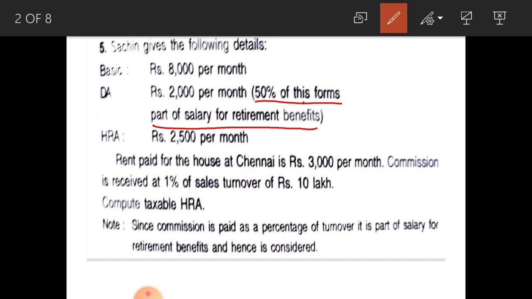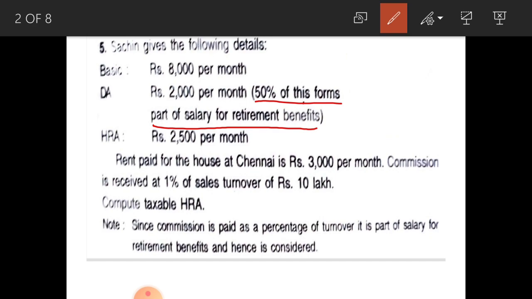Next see HRA 2,500 per month. This is HRA received. Actual HRA received you have to calculate 2,500 into 12. Next, rent paid for the house at Chennai 3,000 per month. It is actual rent paid that you have to consider while calculating rent paid over 10% of salary.